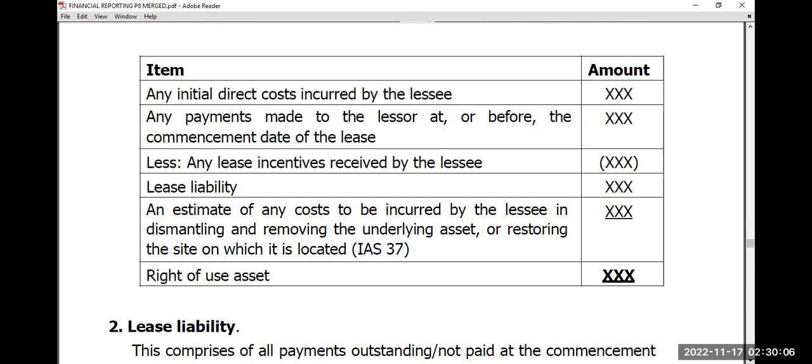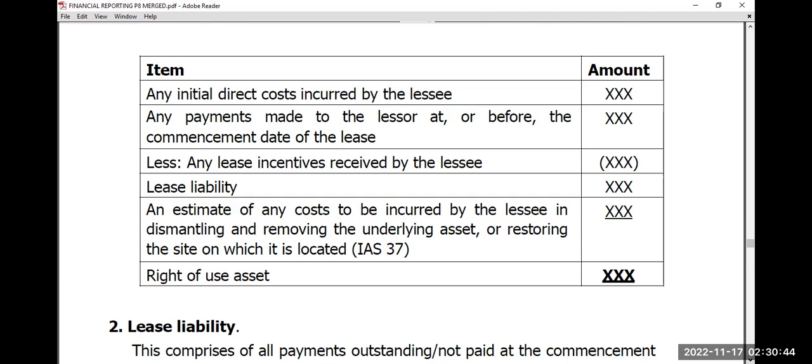But this lease liability is included within the cost of the right of use asset, because it is part of the consideration to acquire the right to use the asset. It is within the components that make up the right of use asset.